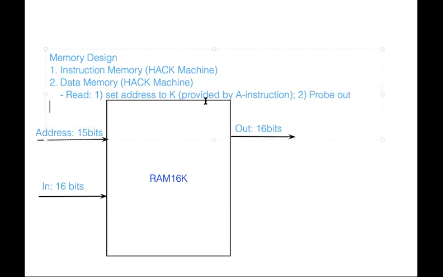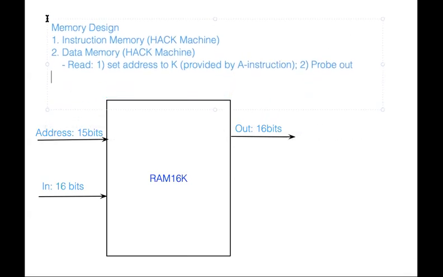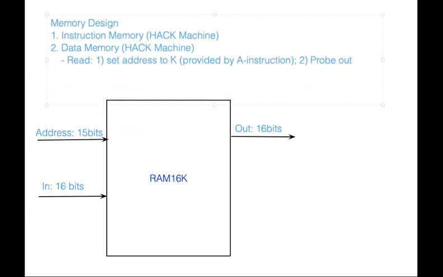Okay, then the next function we call the write function. The read function is actually the same as the instruction memory: you set the address and then probe out from the RAM. And the write is new. So it will first set the address to K, which is provided by the A instruction.